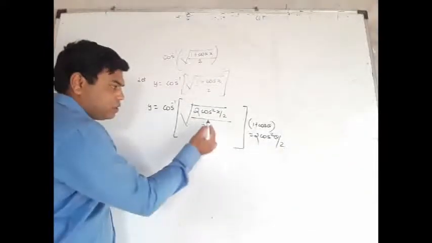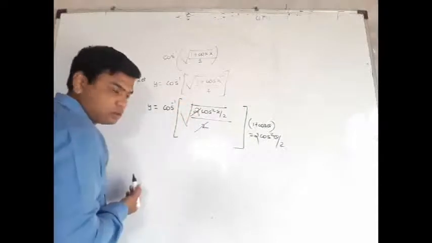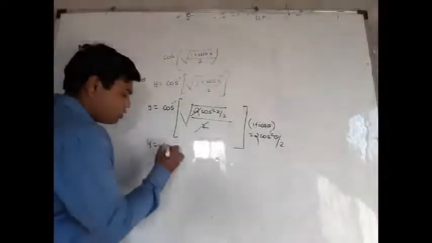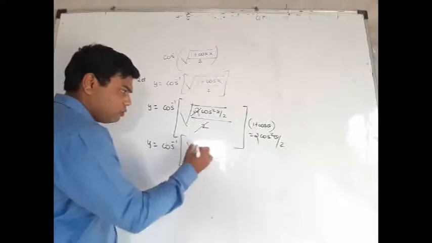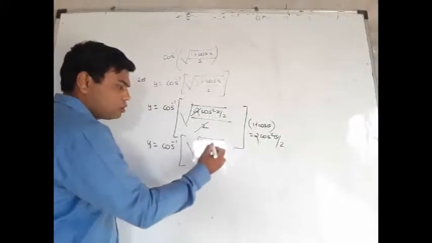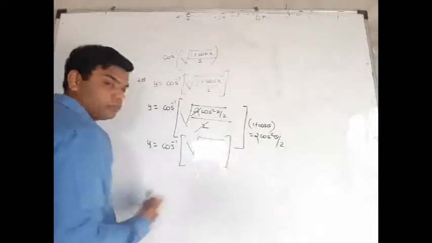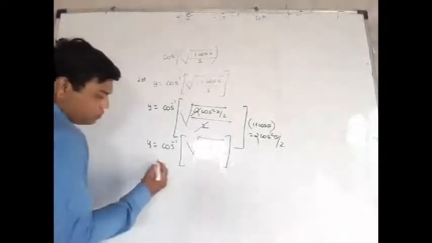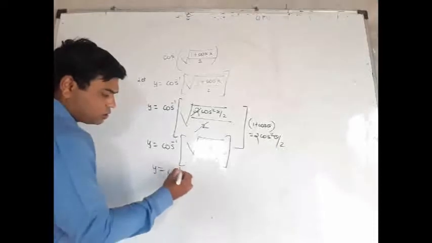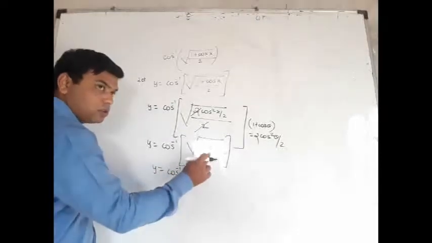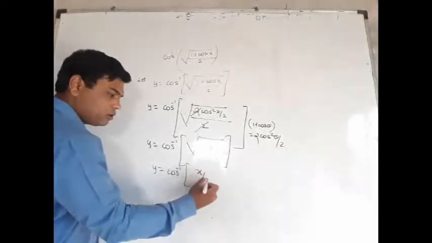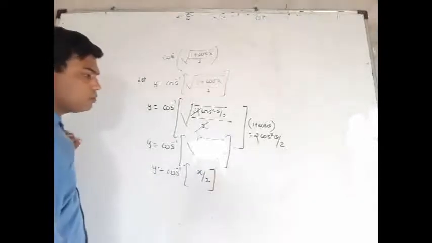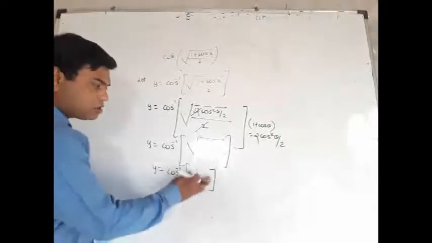In next step, this 2 gets cancelled. What are you getting? Y is equal to cos inverse of under root of cos square x by 2. Now, let's see. Y is equal to cos inverse of, square and square root will cancel. What are you getting? Cos x by 2.